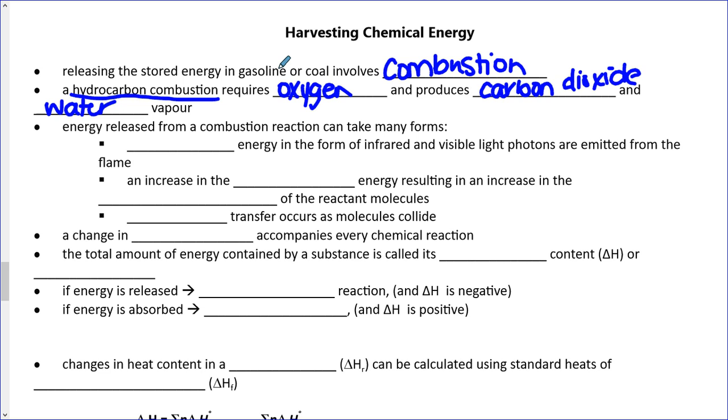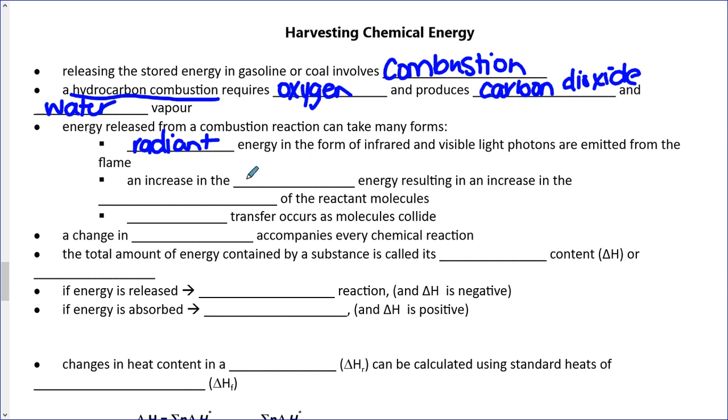So energy that's released from a combustion reaction can take many forms. So we can have radiant energy in the form of infrared and visible light photons emitted from the flame. Again, we didn't talk about infrared and visible light. That's something that's in Unit C, but radiant energy is important.